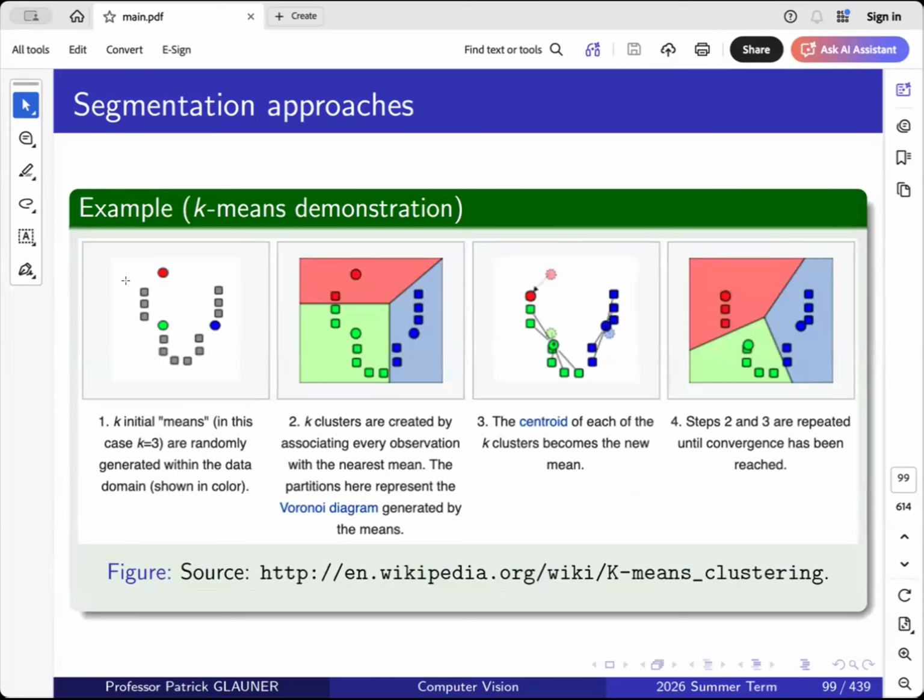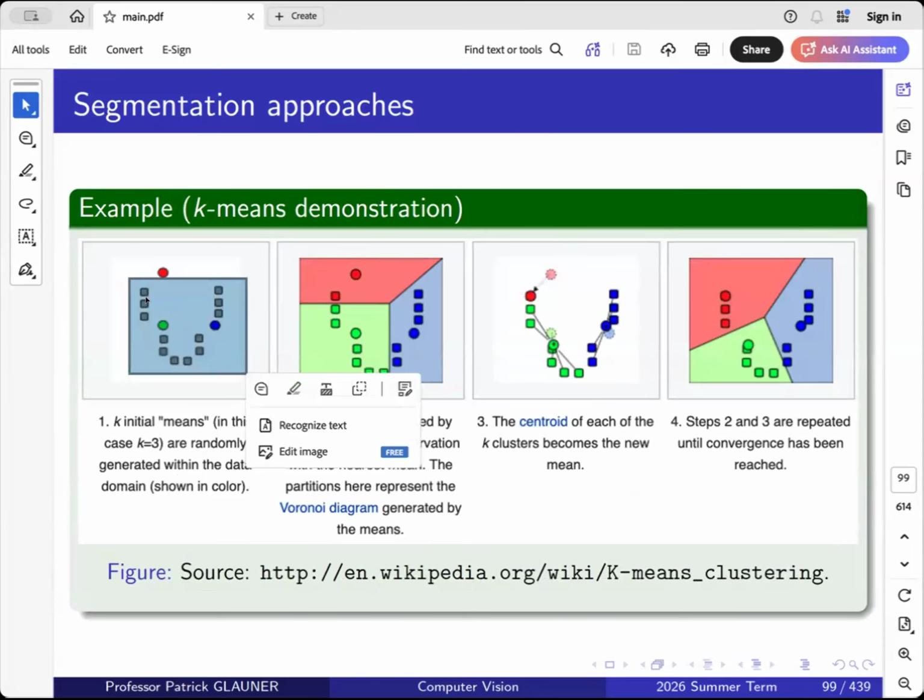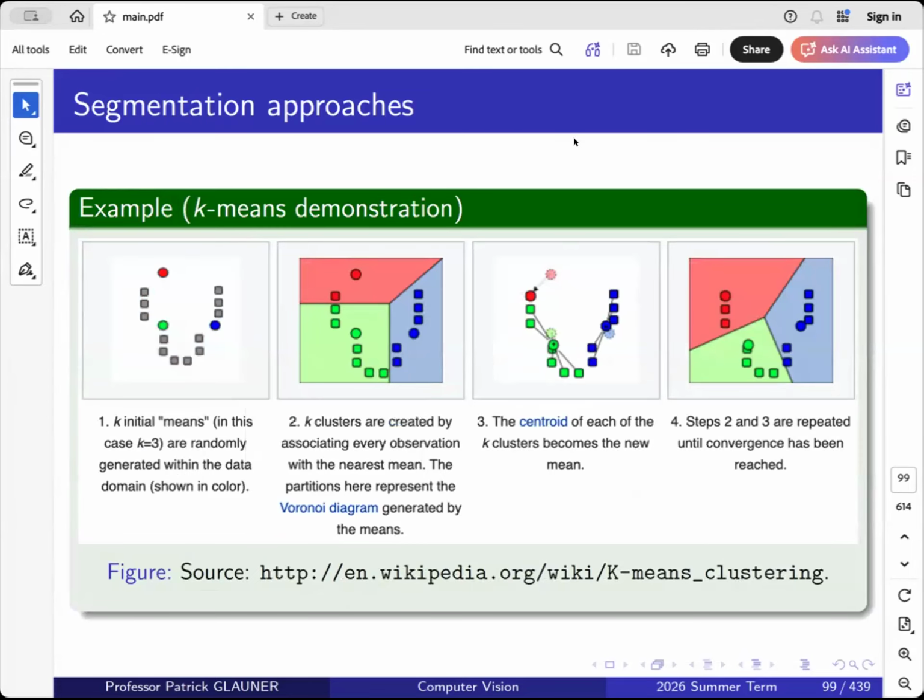So we have these observations here, and we have the observations in gray. So 1, 2, 3, 4, 5, 6, 7, 8, 9, 10, 11, 12. And I have these centers, red, green, and blue.